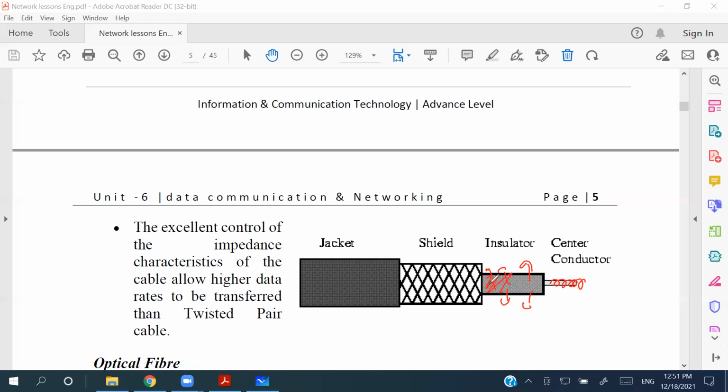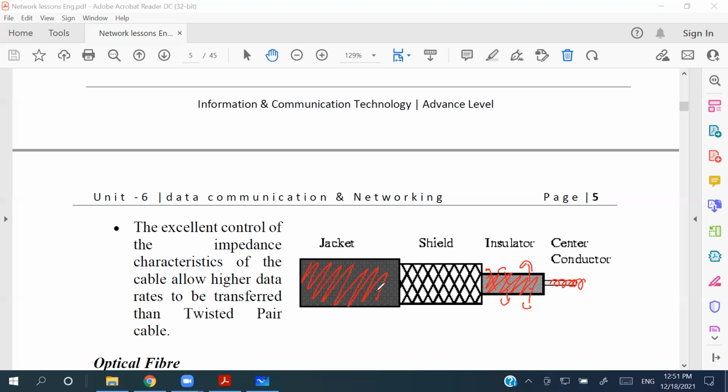So this is the insulator. Around the insulator, there is a shield made out of copper harness, and surrounding that they have the cable coat, or we call it the jacket, which we can see when we look at the wire.